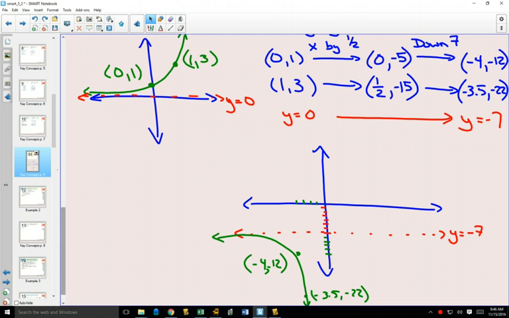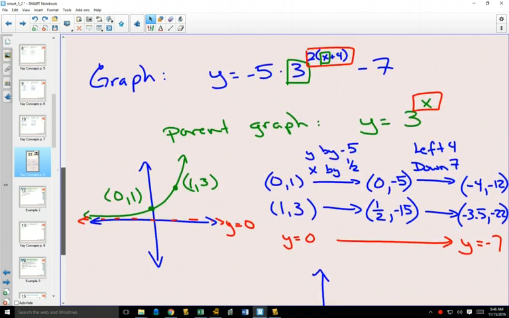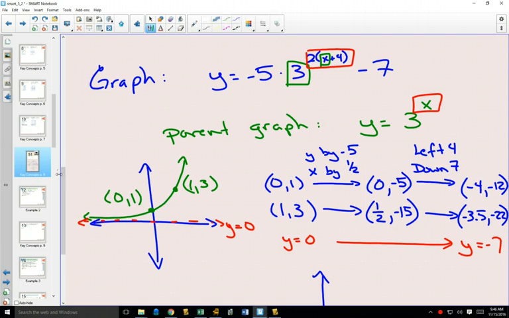Some other things you can do with your graph once you're done is you can just sort of imagine what would have to happen to this graph if I multiplied by a -5. That -5 affects your y values. That would have it flip down and stretch.